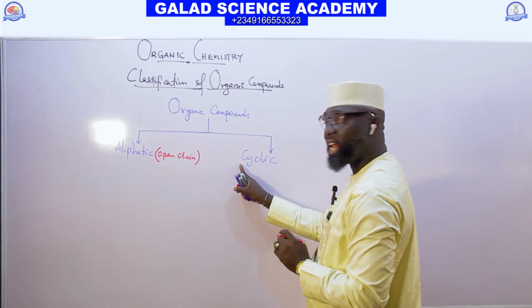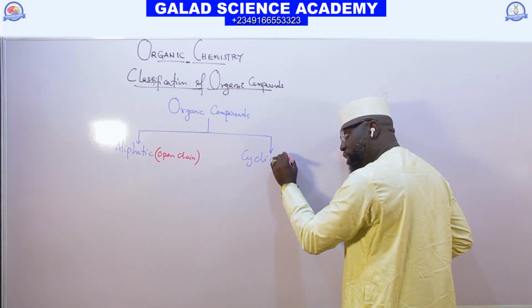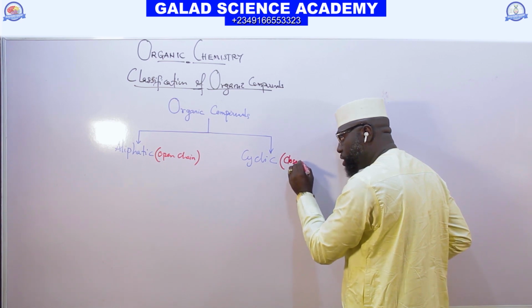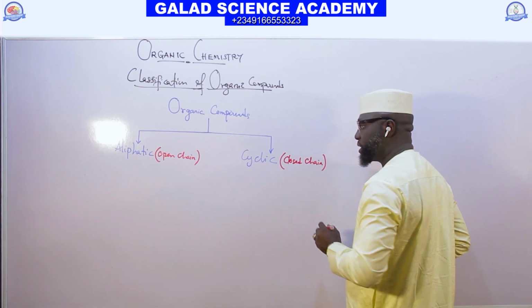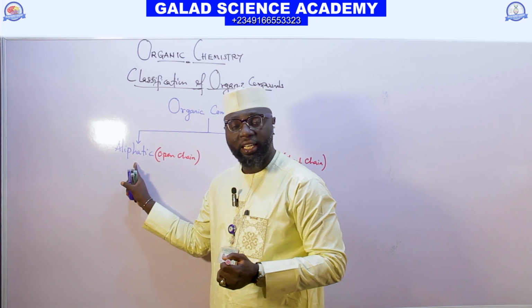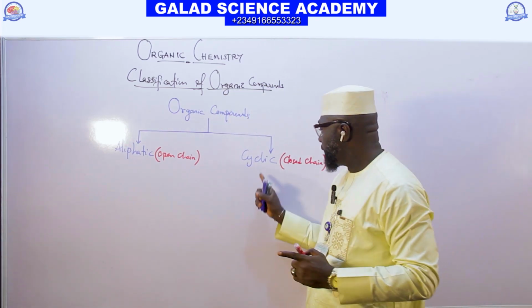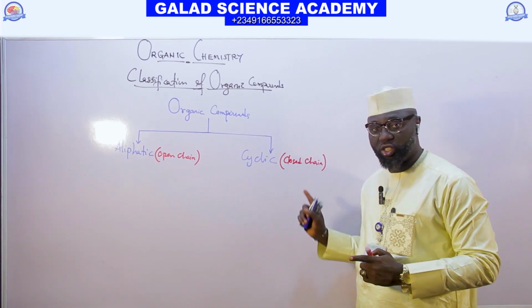But the cyclic compound is a closed chain compound. That is, in aliphatic, the structure is in open chain, and in cyclic, the structure is in a closed chain.